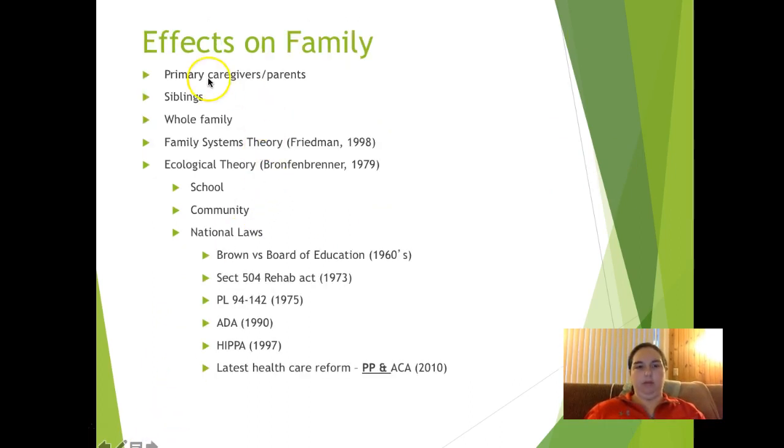Effects on families, again, same as the other chronic illnesses, and add in having to give your kids shots and hold them down at home. The really frustrating process of diagnosis, not even knowing that juvenile arthritis was a thing, that your kid could get it. So think about primary caregivers and parents, siblings.